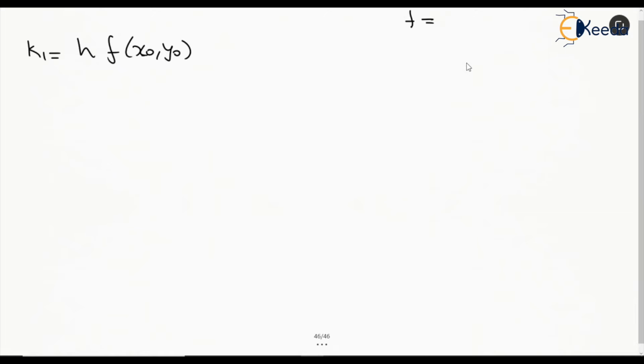Let's start with k1. K1 is simply given as h times of f of x naught comma y naught, and we know that this function is given as y minus y square.